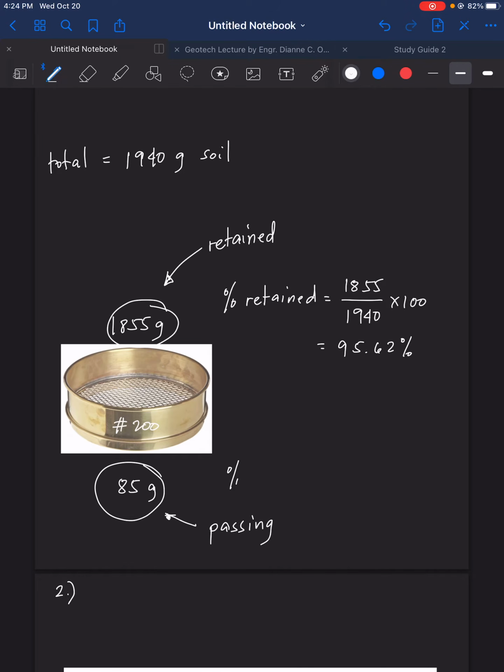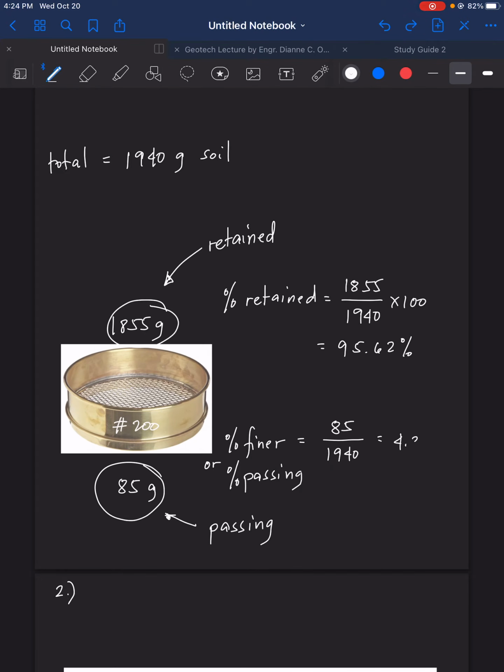If what is being asked is percent finer, percent passing, also known as percent finer, that is equal to 85 divided by 1940, and that is equal to 4.38%.